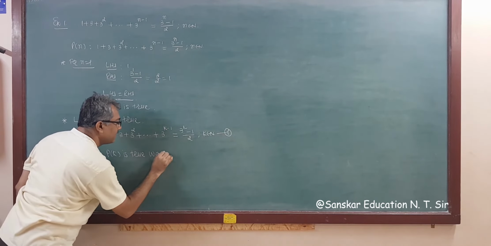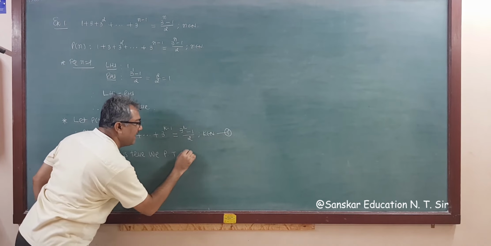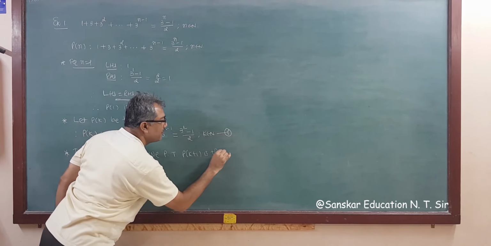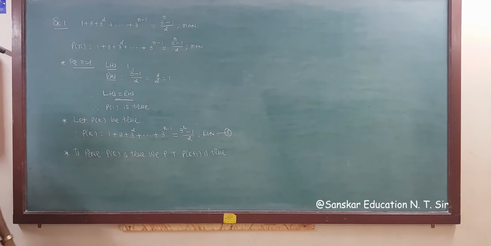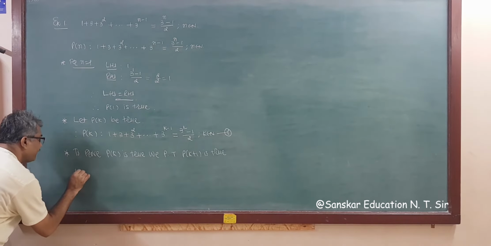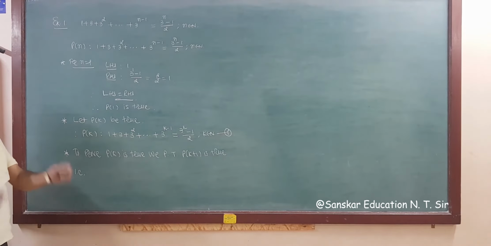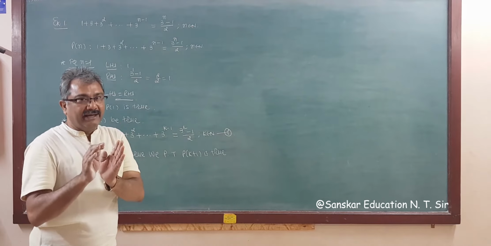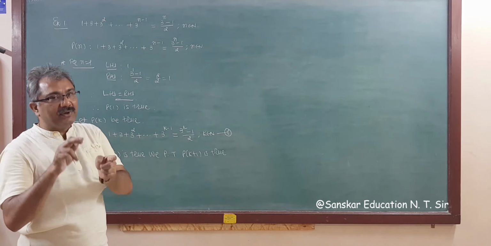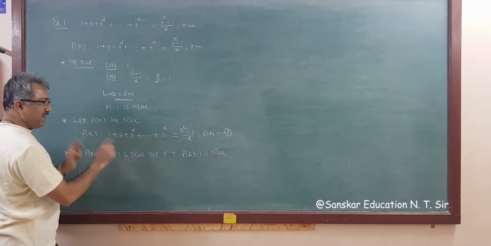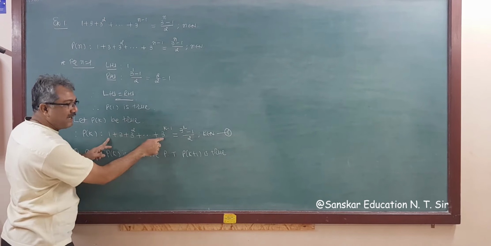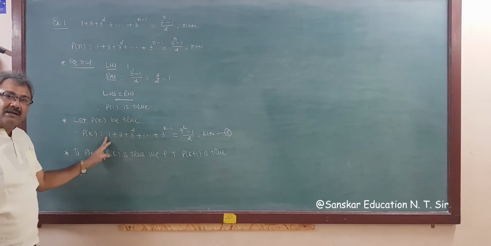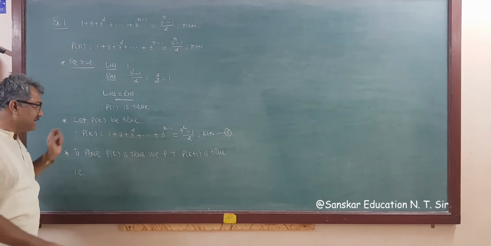We prove that Pk plus 1 is true. That is, what to do? For writing Pk plus 1, keep in mind, for writing k plus 1 term, write down Pk's left hand side as it is.